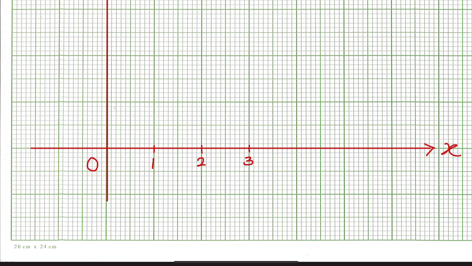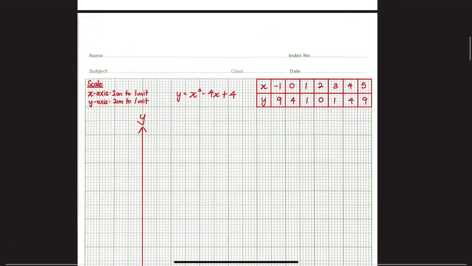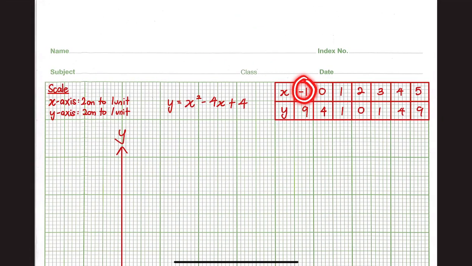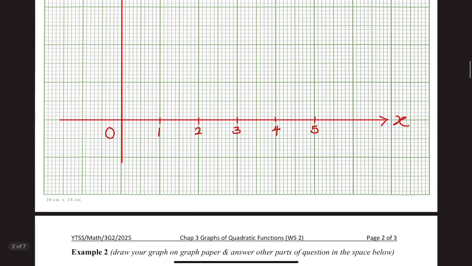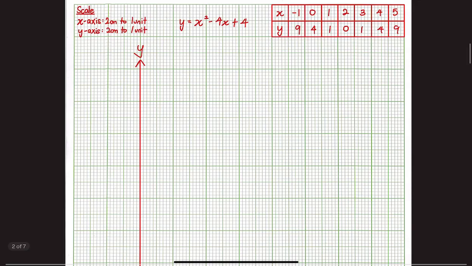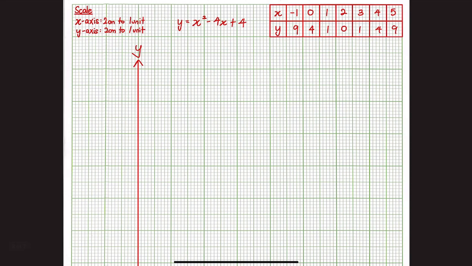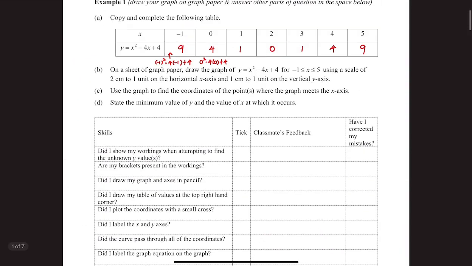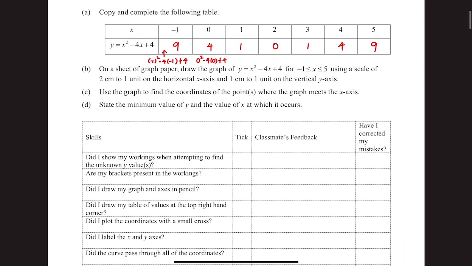I can mark out all the way until 5: 3, 4, 5, which is the x-axis range, from negative 1 all the way to 5. So I'll mark out negative 1 as well over here. Now I mark my y-axis. My y-axis is from 0 all the way to 9. The question says 1 cm to 1 unit on the vertical y-axis.